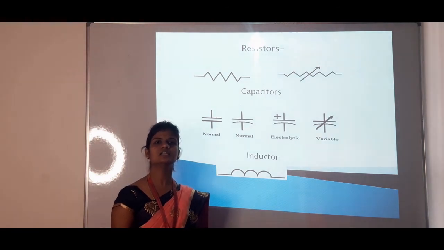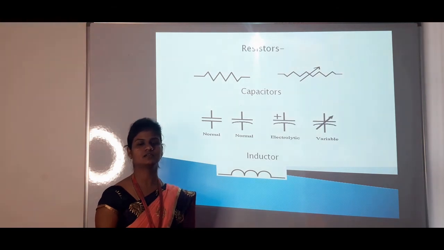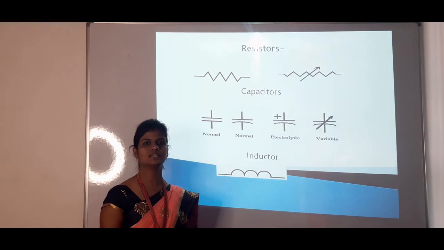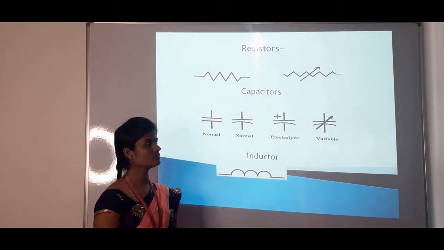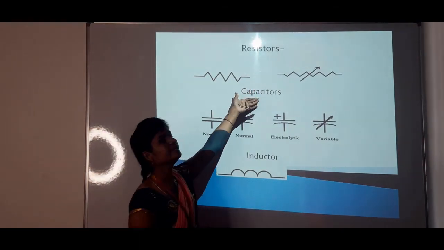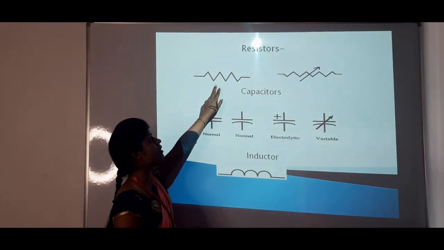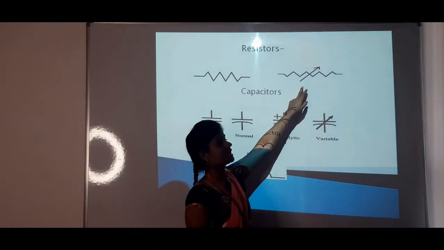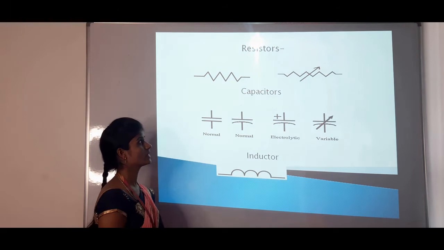And in case of a non-linear resistor, the current is not directly proportional to the applied voltage. Here are some of the symbols of the linear and the non-linear resistor. That means the first symbol represents the linear resistor and the second symbol represents the non-linear resistor.